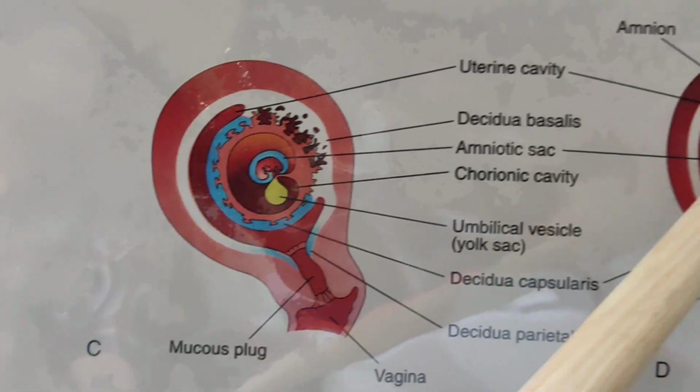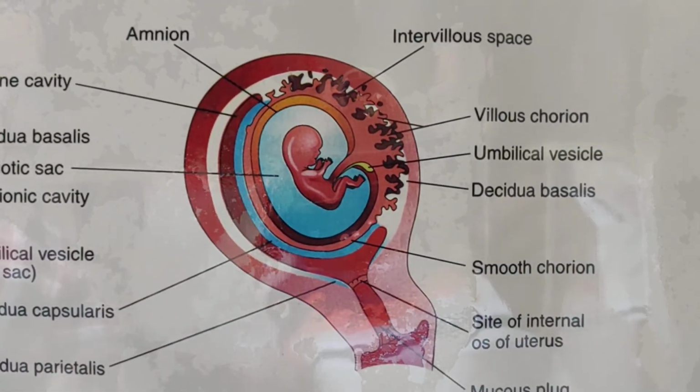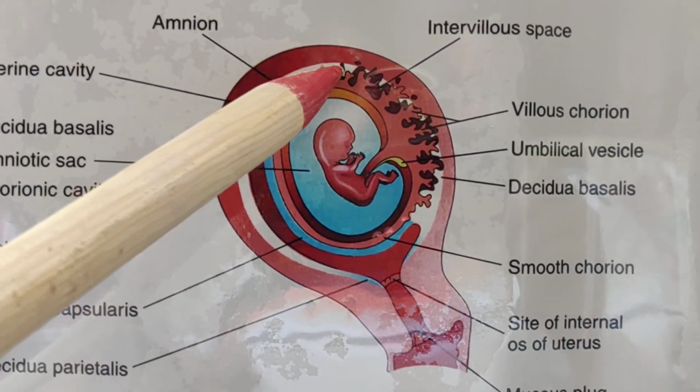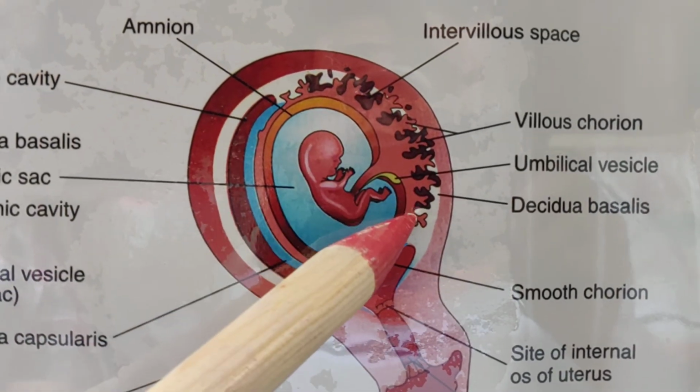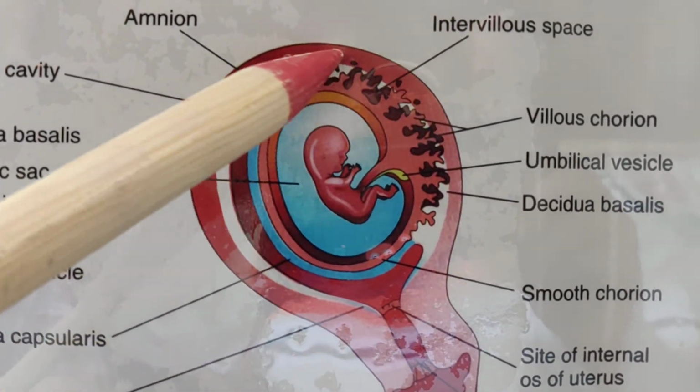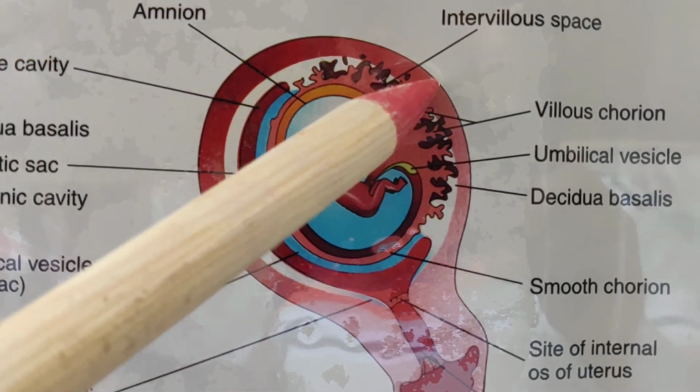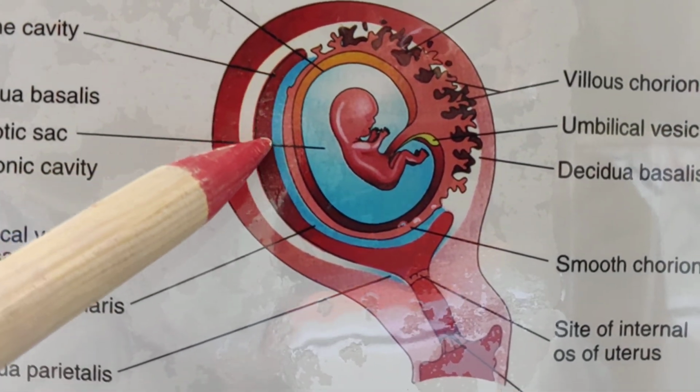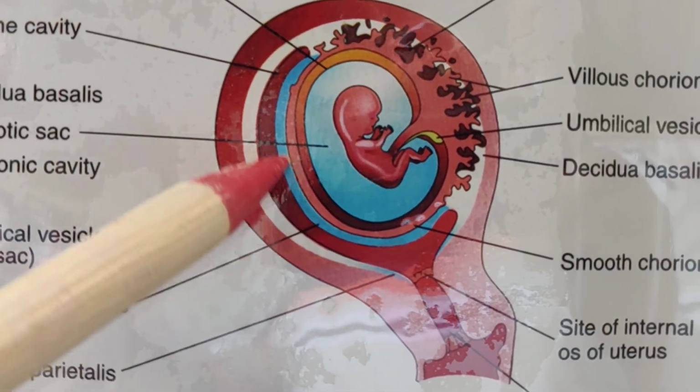Now in this next diagram, this part is the chorion frondosum, and this is the decidua basalis. They form the placenta, while the remaining part of the chorion becomes smooth.